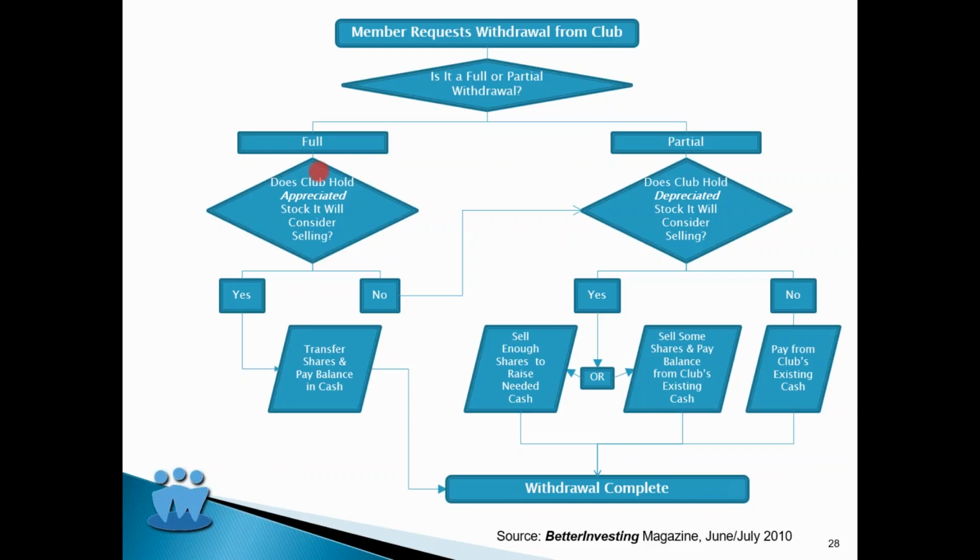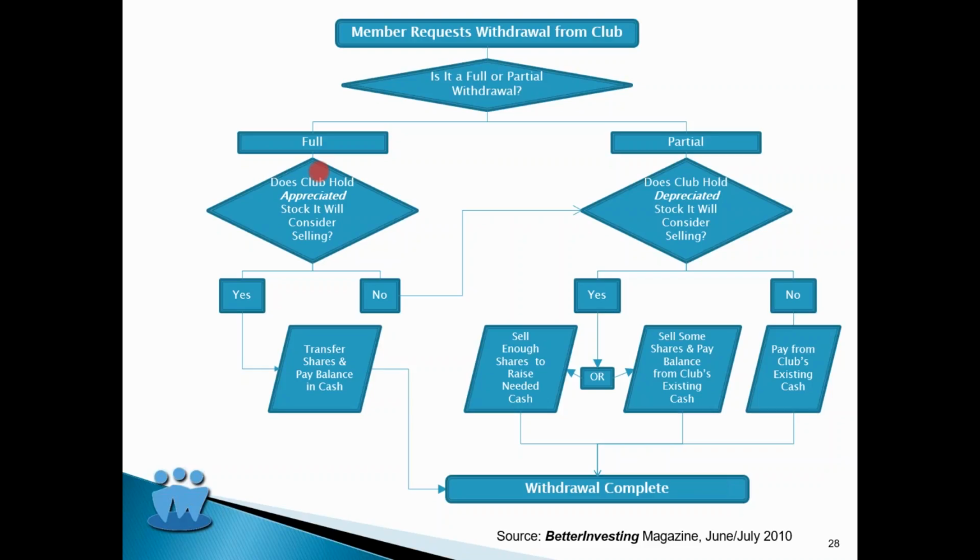Appreciated stock is stock that the club owns that has a large basis of unrealized gains. Again, the better performing the stock, the better. So this is the circumstance where you've got a stock that went up so much, it's an overly large part of your portfolio. You're hesitant to sell it because there would be a lot of capital gains liability there, but at the same time, it's really an unhealthy portion of your club portfolio.